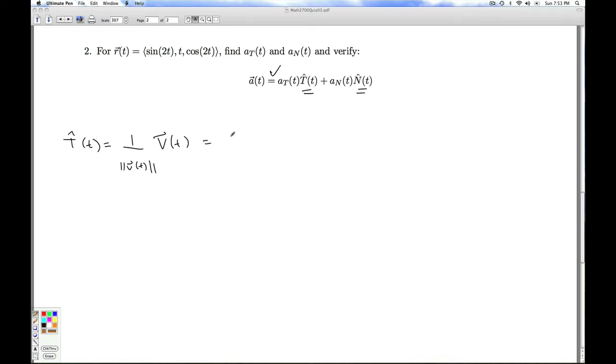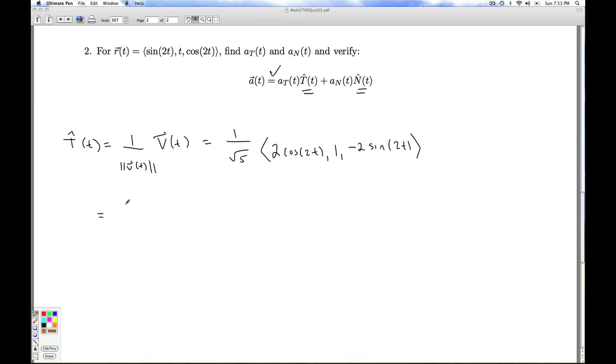And we have each of these from before. The speed is square root 5. And the velocity is 2 cosine 2t, 1, negative 2 sine 2t. The way we multiply a real number times a vector is we multiply that real number times each of the components.